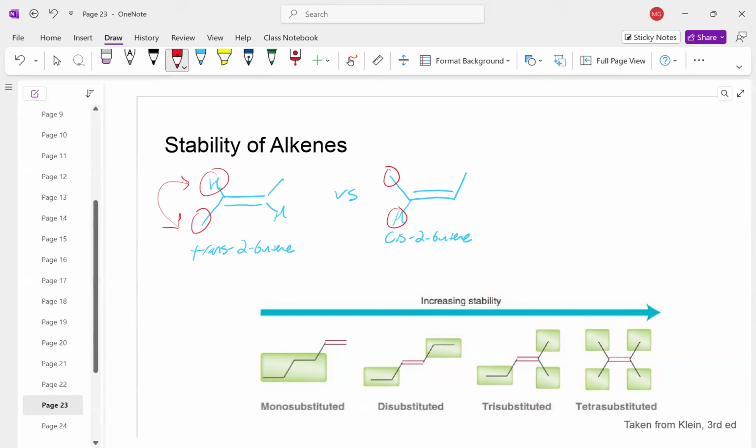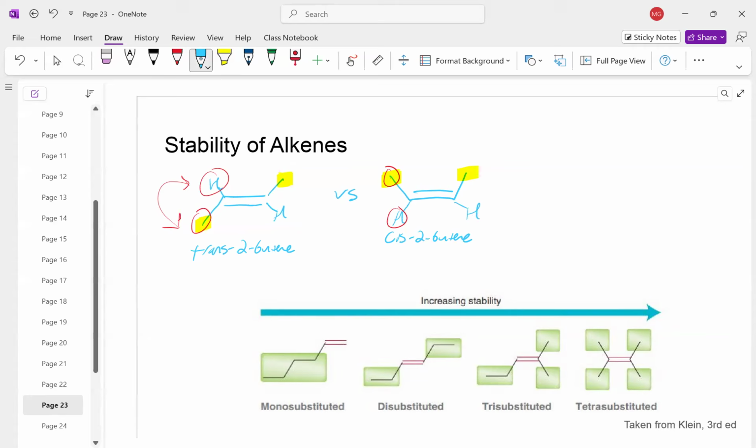But in the case of cis or trans alkenes, what we look at is where these alkyl chains are in relationship to each other. So in trans-2-butene, the 2 methyl groups on the ends are in opposite directions. And in cis-2-butene, those alkyl groups are in the same direction.